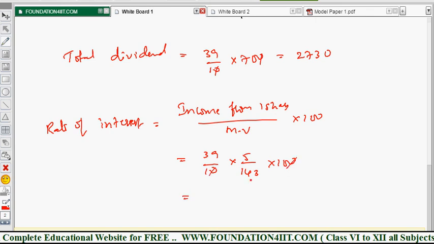The zeros get cancelled, and if you do the calculation and simplify you get 150 by 11.